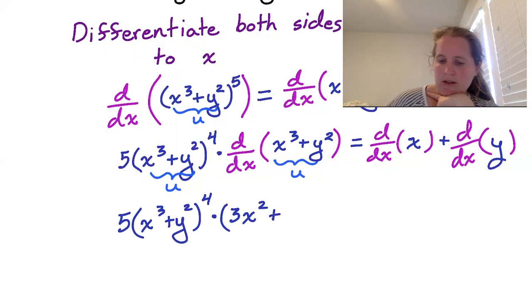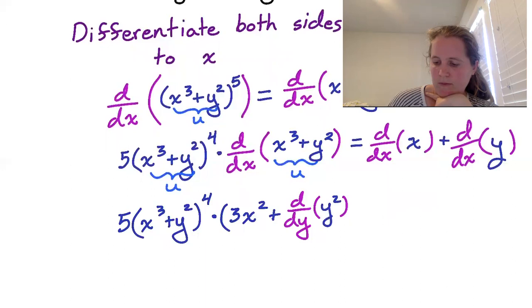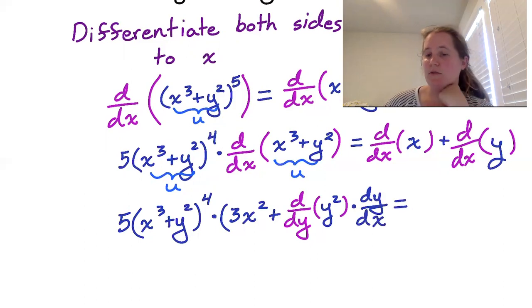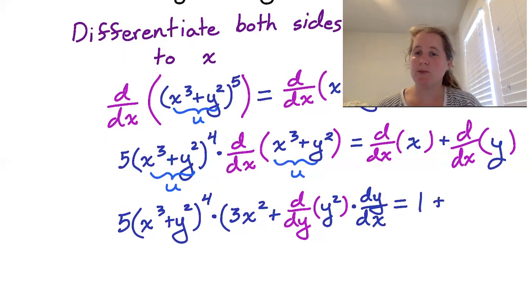Then we are going to need to take a derivative with respect to y of y squared, and then multiply that by dy/dx. And then on the right-hand side, the derivative of x is just 1, and the derivative of y with respect to x is just dy/dx.